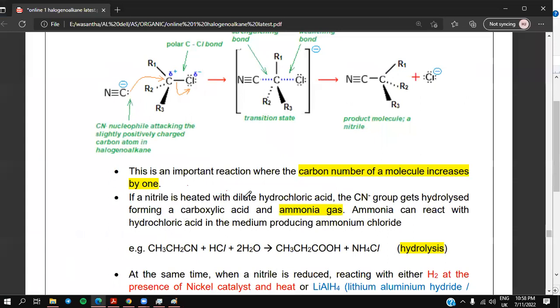If a nitrile is heated with dilute hydrochloric acid, the cyanide group gets hydrolyzed, forming a carboxylic acid and ammonia gas. Equation is given. CH3, CH2, CN goes to CH3, CH2, COOH, ammonium chloride. Actually, this sort of reaction will not be expected in the exam.